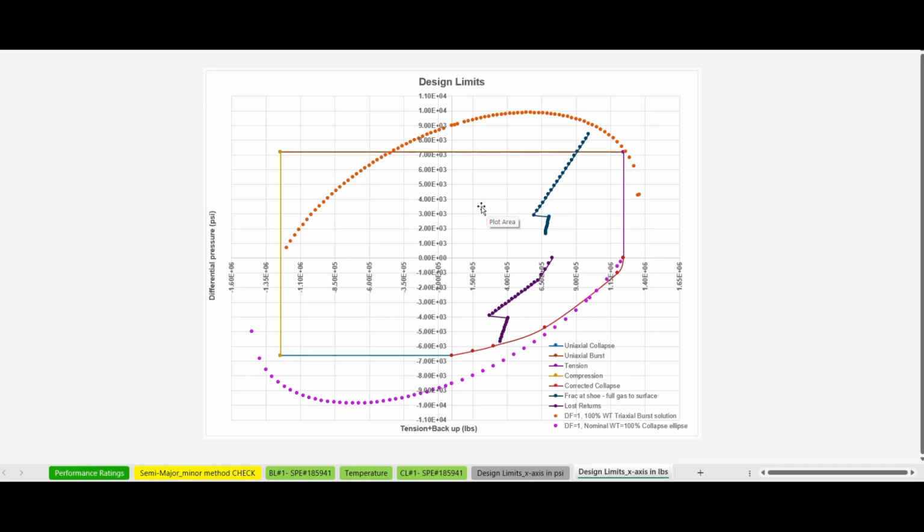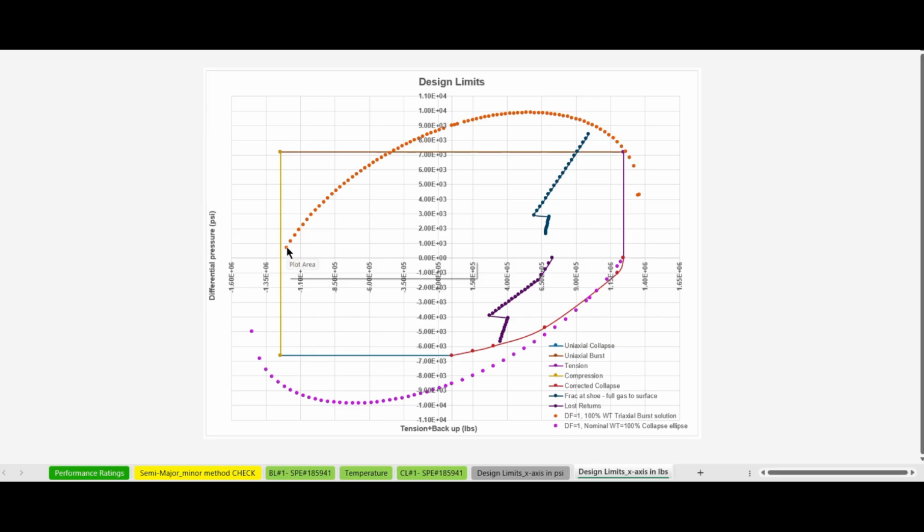What I have shown here is that I went through each definition of the uniaxial burst, uniaxial collapse, tension and compression limit lines, and then the rating of the collapse over here, as you can see, with the impact of tension.